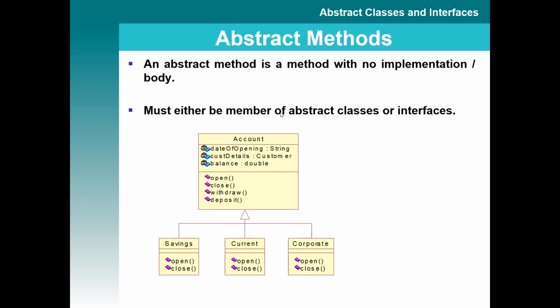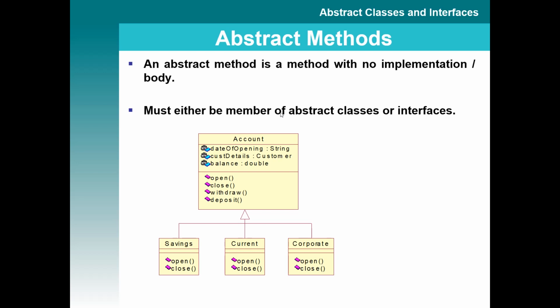For example, let's say in a banking application, we have this concept of an account. Now, there are different types of accounts. You have a savings account, a current account, a corporate account, and each account has some logic for its opening and closing.